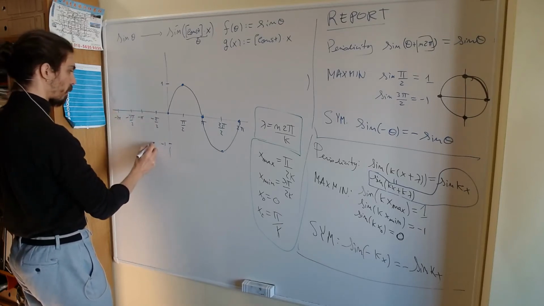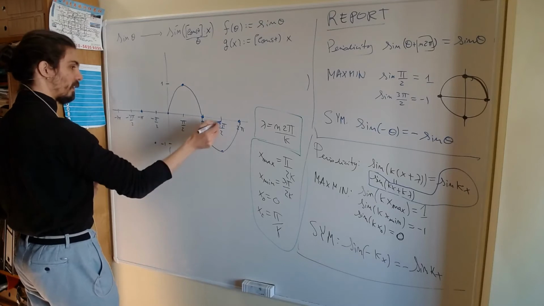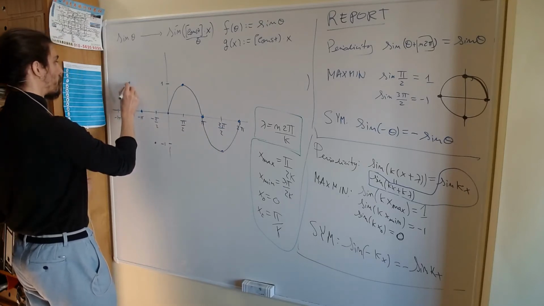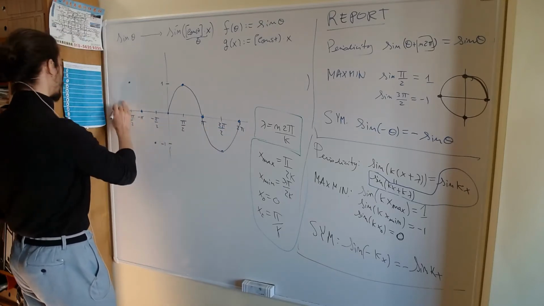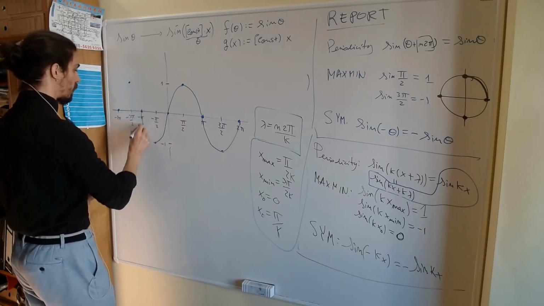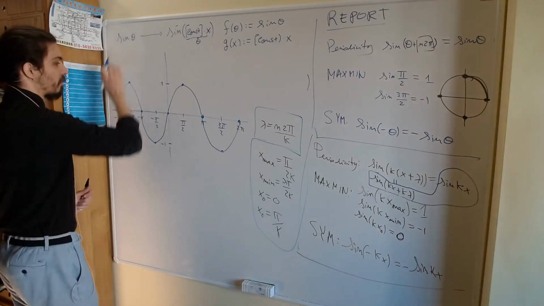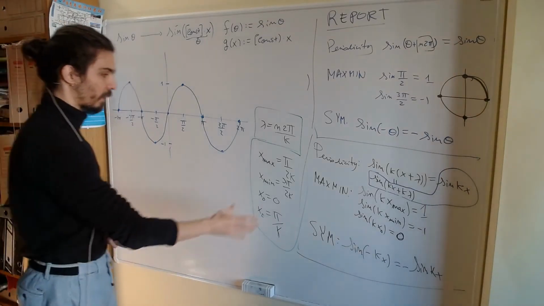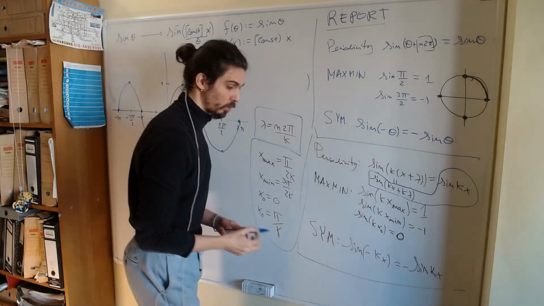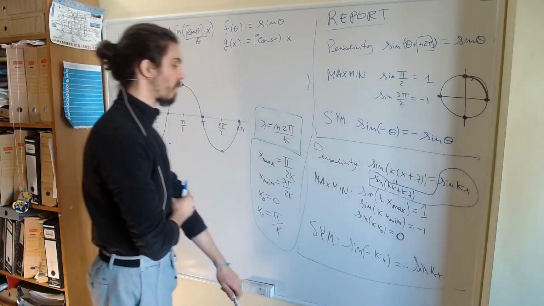Mark the points. So this must be -1 because this is 1. This is 0 because this is 0. If this is -1, this is 1. And finally 0, 0. It's antisymmetric. Now just repeat this. Fill in the intermediate values, and we have the sine graph of this. Okay? Now let's proceed and draw the graph for the transformed function.